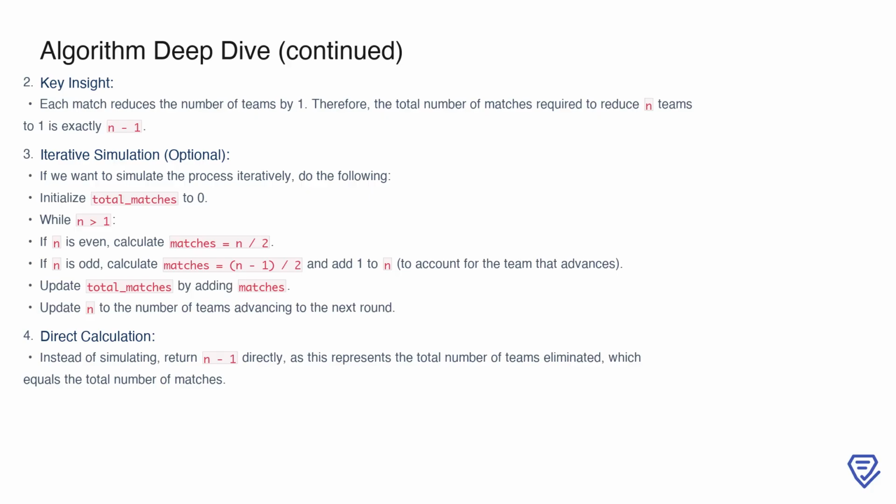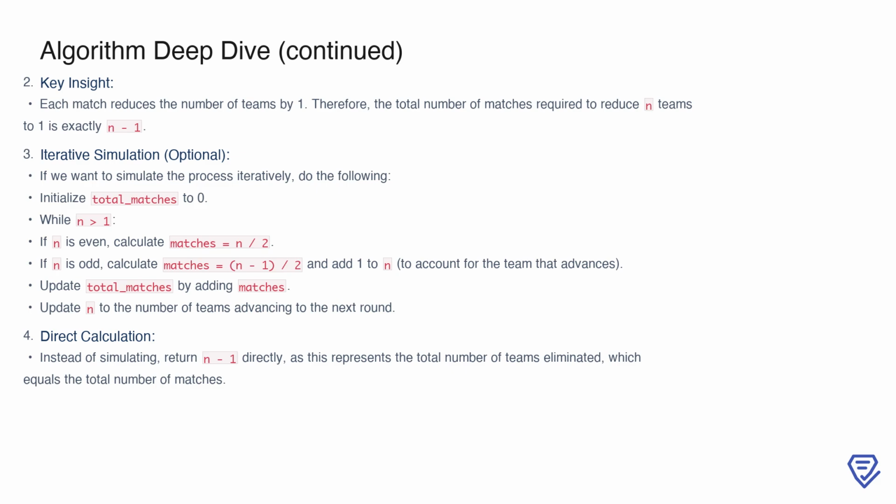If we wanted to simulate this process iteratively, we could do the following: initialize a variable total_matches to 0. Then, while there are more than one team remaining, we calculate the number of matches in the current round. If n is even, the number of matches is n/2. If n is odd, we calculate (n-1)/2 matches and account for the team that automatically advances by adding 1 to the number of advancing teams.